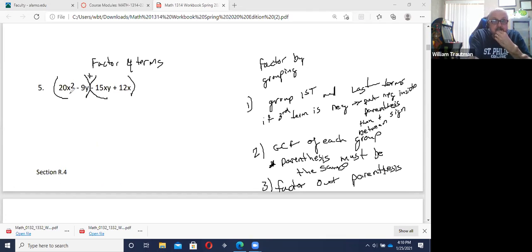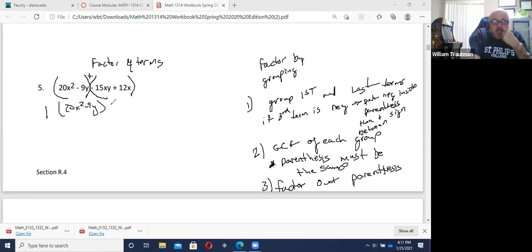Ooh, I kind of like this one. 20 and 9, nothing factors out. And here, -15xy and 12, 3 factors out, but our parentheses won't. If nothing factors out, we can say 1 factors out.